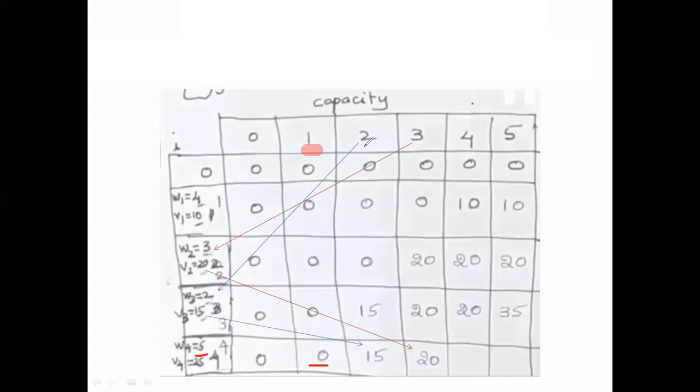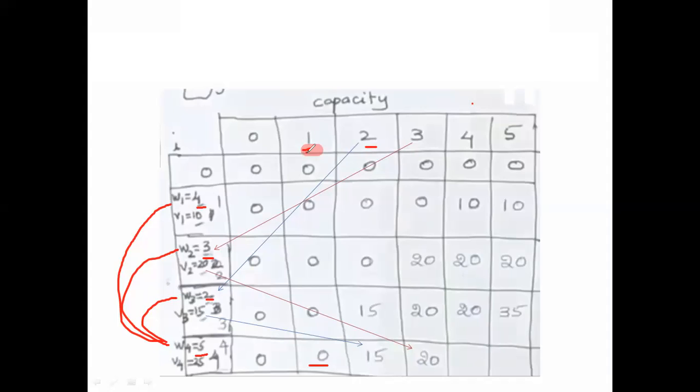Okay. So each time you have to check the previous ones also. So when you are filling, you check the previous, this one and this one and this one. There is no 1 kg weight here. It is 4, it is 3, it is 2. So there is no 1 kg capacity bag we have.